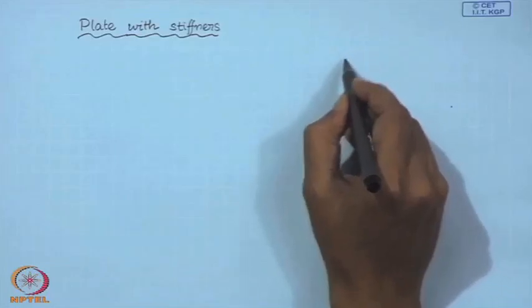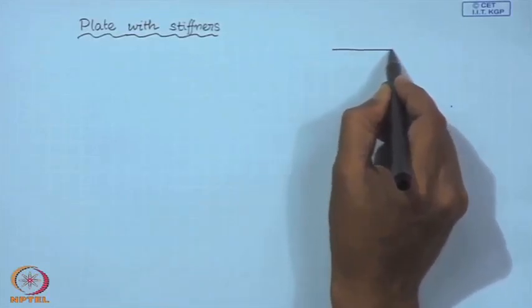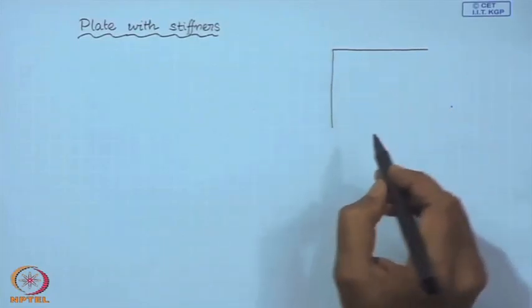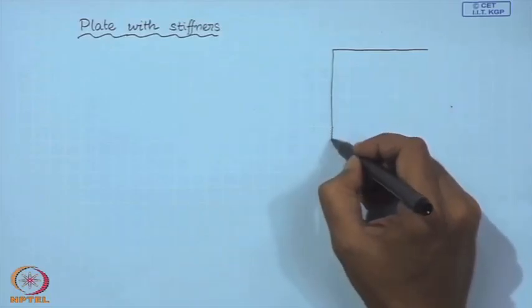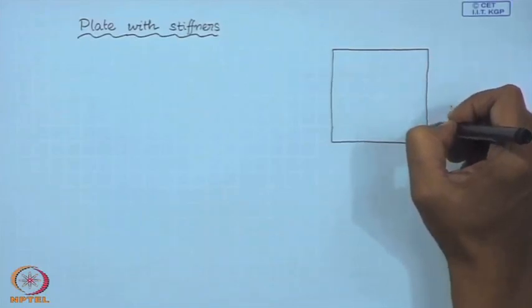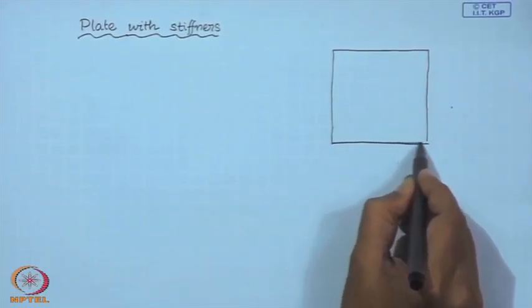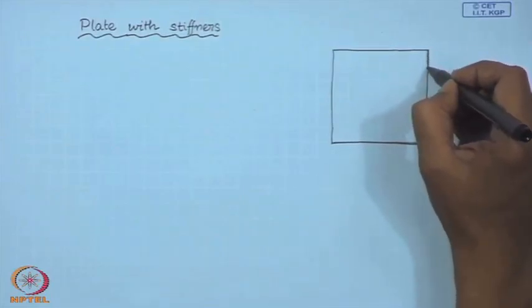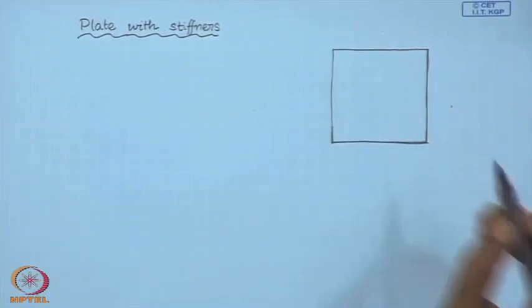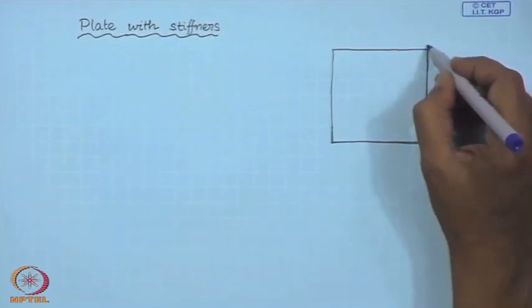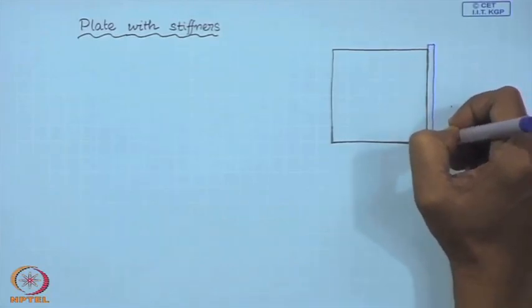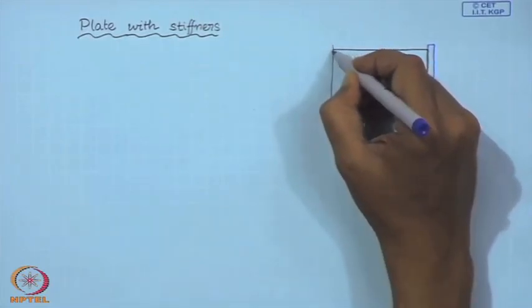We consider again a square plate. We consider that this plate is clamped on these two opposite edges.